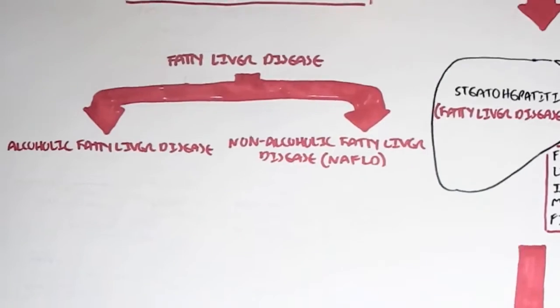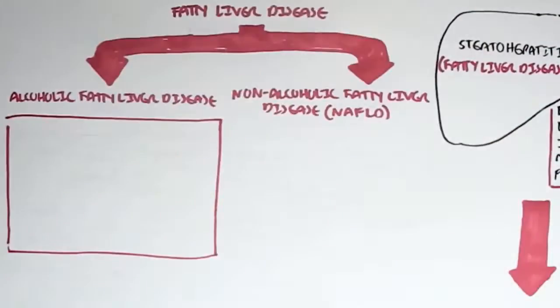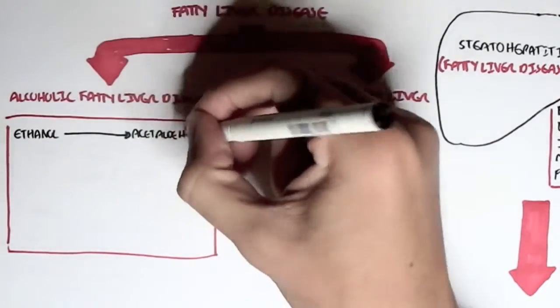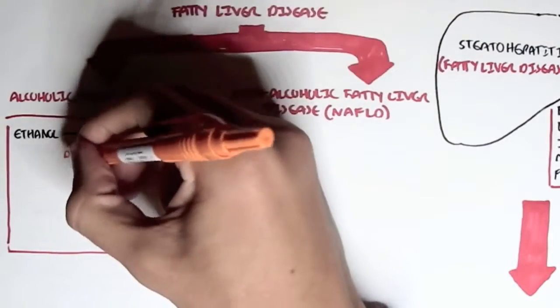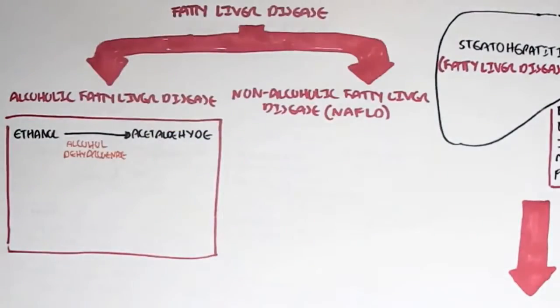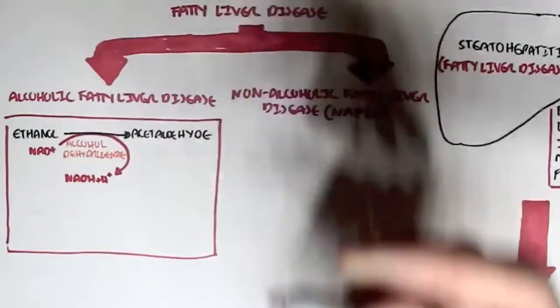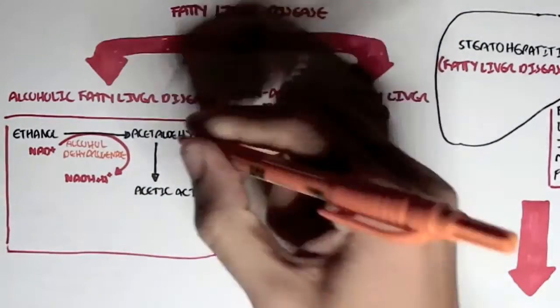Obviously, the alcoholic fatty liver disease is because of alcohol consumption. Because what happens is when we have too much ethanol, ethanol can be converted to acetaldehyde by the enzyme alcohol dehydrogenase. NAD is reduced to NADH. Acetaldehyde can then convert to acetic acid by the enzyme aldehyde dehydrogenase.